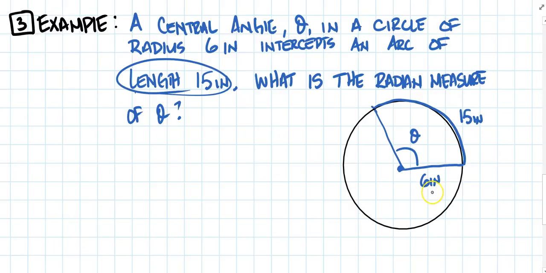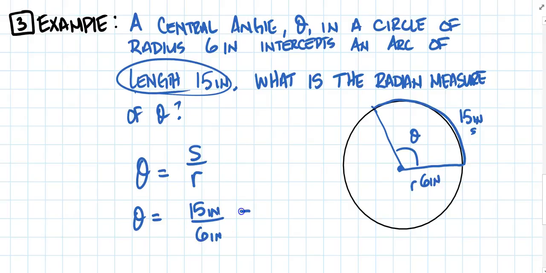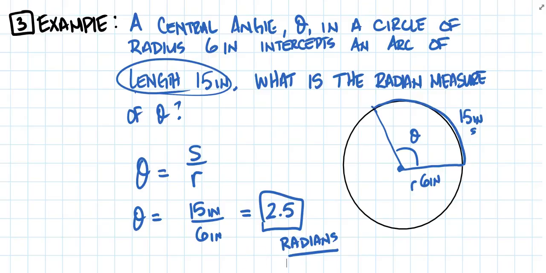So what is the relationship between my R value, my theta, and my S? Well, remember that theta is equal to S divided by R. So theta in radian measure is 15 inches divided by 6 inches, which gives me 2.5. And what does the 2.5 mean? The 2.5 is the radians. So I have found the angle is 2.5 radians.